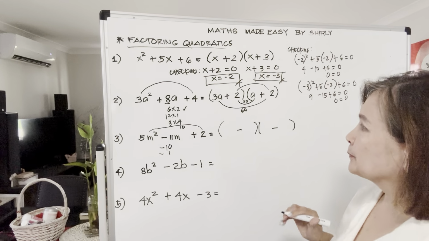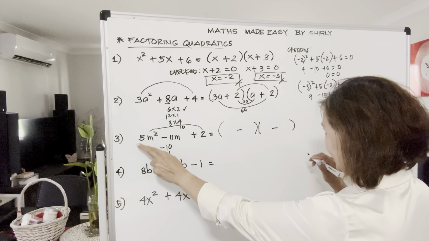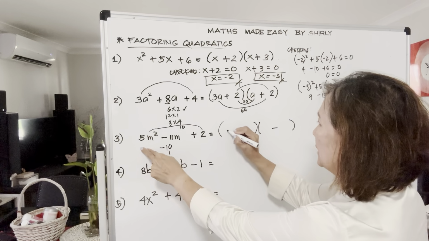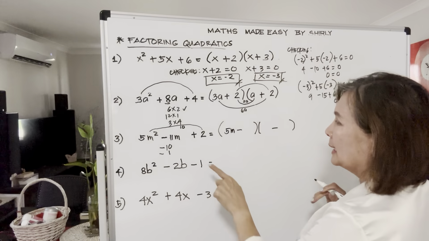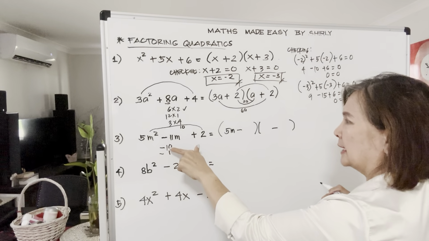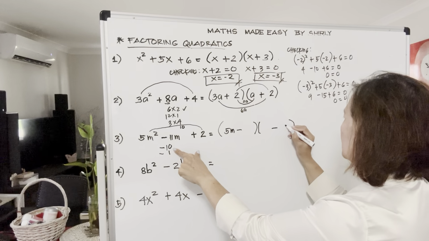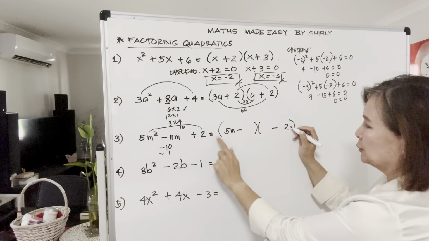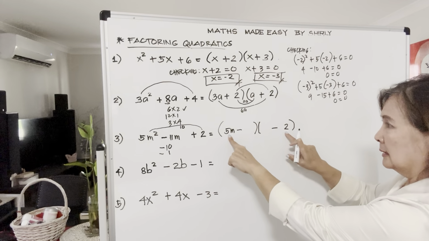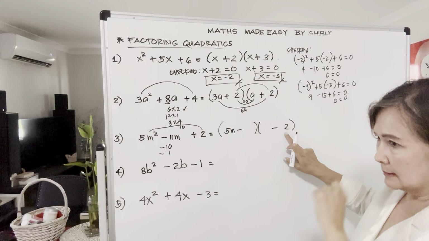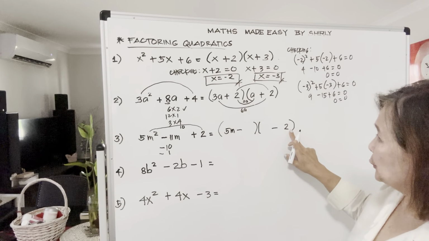How will you distribute that here? So we start with 5m. What will you multiply to 5m to have a negative 10? That is, of course, negative 2, which you will place on the other binomial at the end, or the second term.